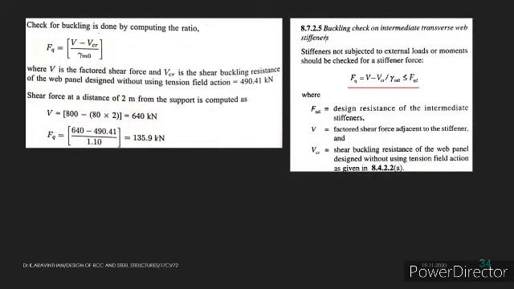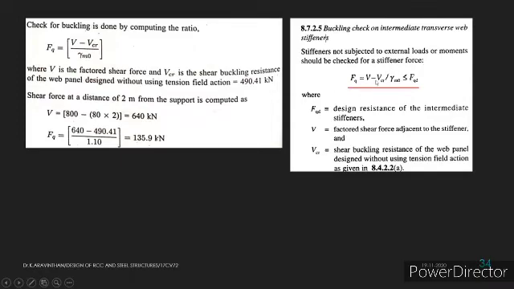Now let us check for buckling of the intermediate transverse web stiffener. We had a formula for checking the end bearing stiffener's strength. Right now in clause 8.7.2.5, the intermediate transverse web stiffener buckling check is being done. The stiffener not subject to external load or moment should be checked for the stiffener force.